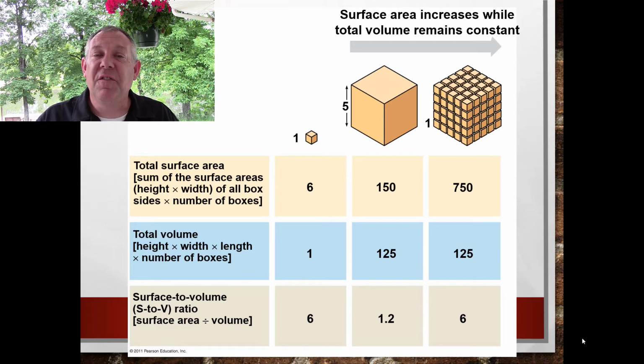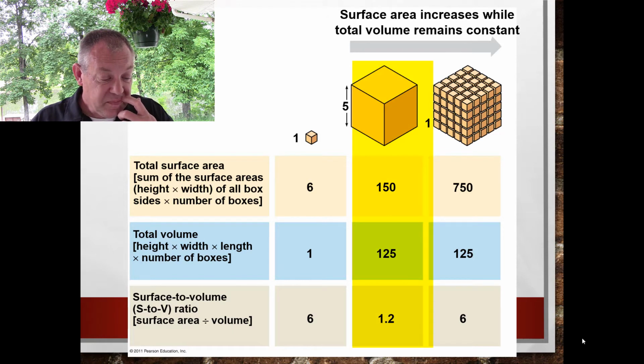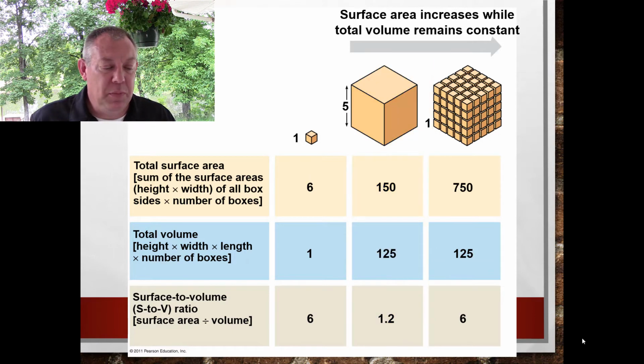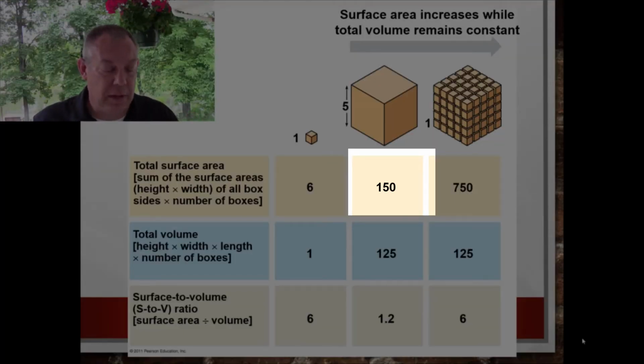So which way is more efficient? Let's talk about if you just have the one cell, and that cell gets bigger and bigger, and that's represented by the center column. In this example, we've got a bigger cell, or a bigger cube, and this thing is 5 centimeters on a side. So the surface area of one side would be 5 times 5. It'd be 25 square centimeters. And you've got 6 of those, so the total surface area is 150 square centimeters.